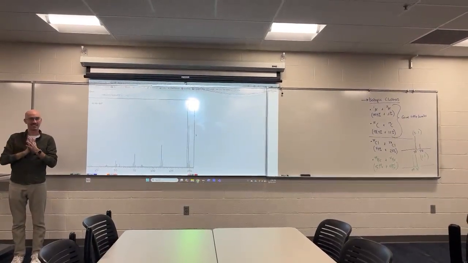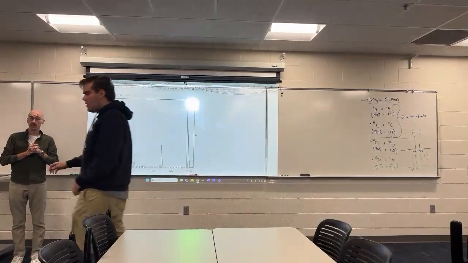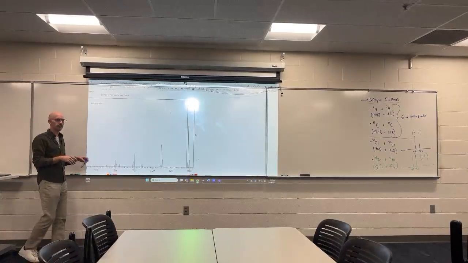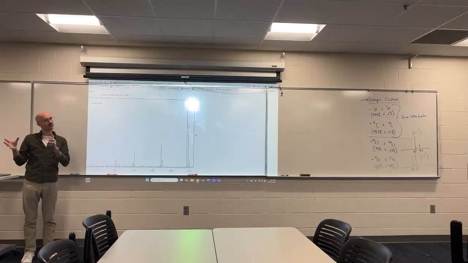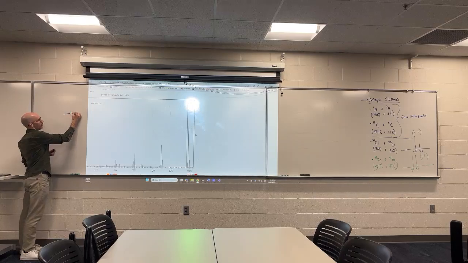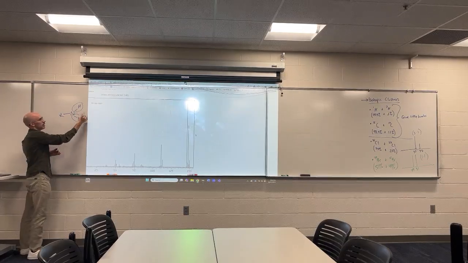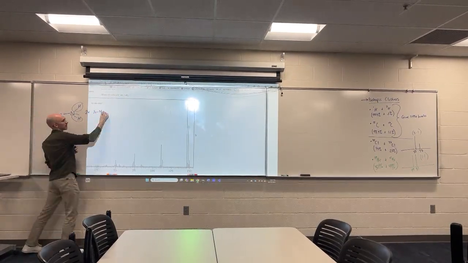Question: we know what a primary, a secondary, and a tertiary amine look like in IR. Remember, amine is a functional group, and IR looks at bond types. A primary amine, which is NH2, gives us 2 NH absorption peaks.